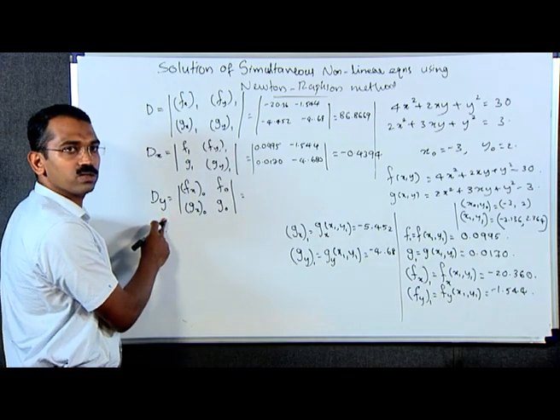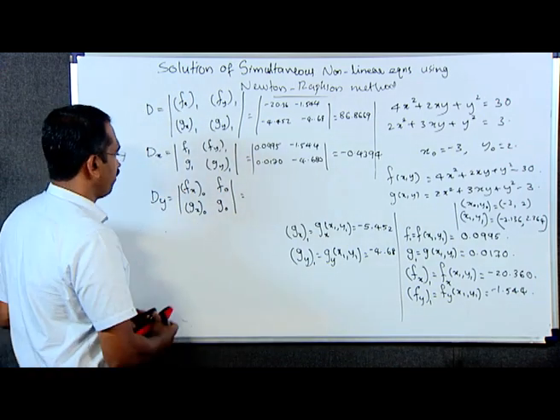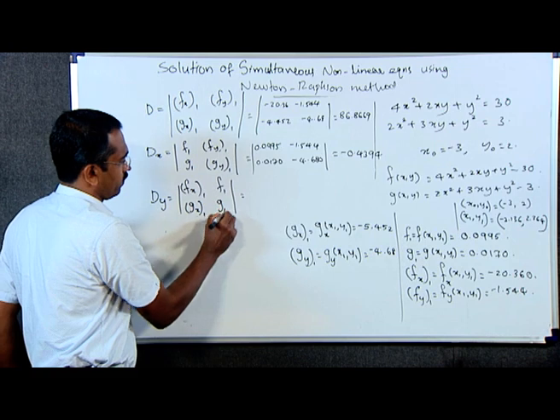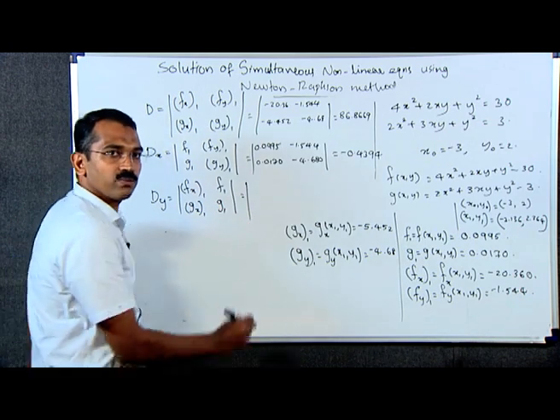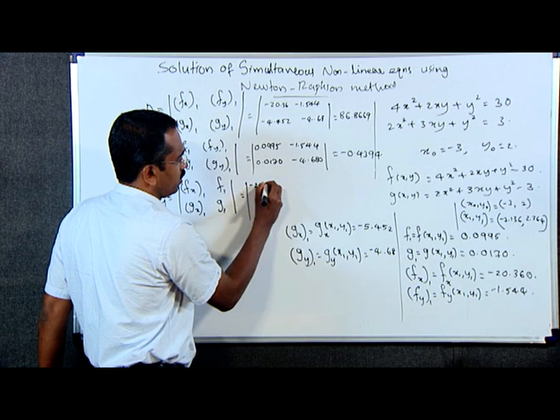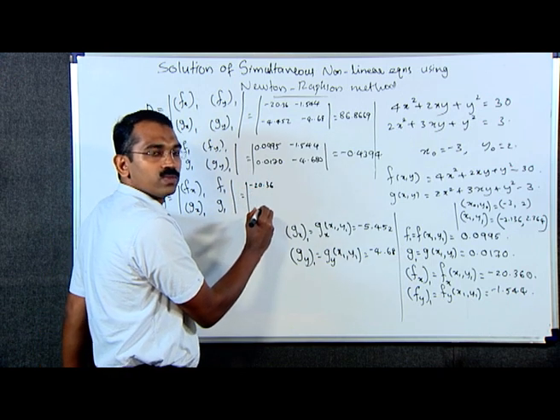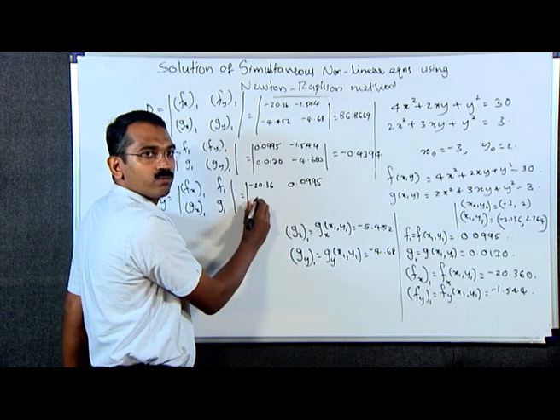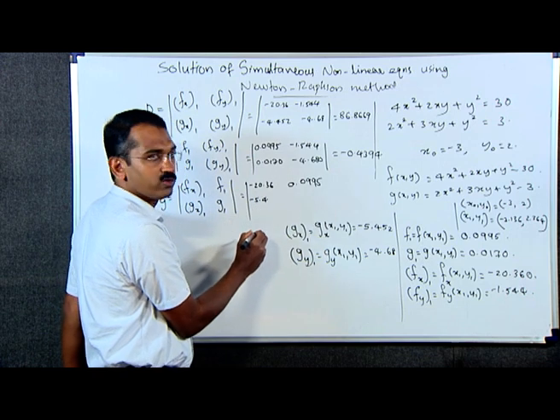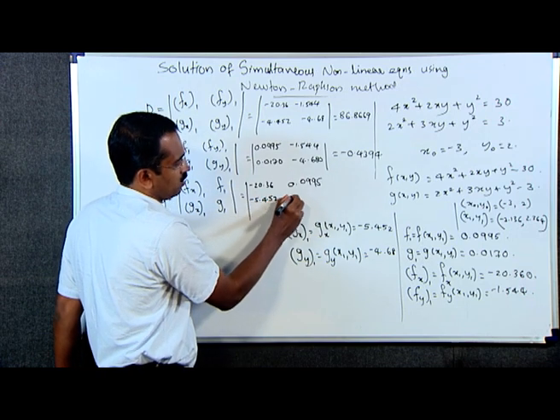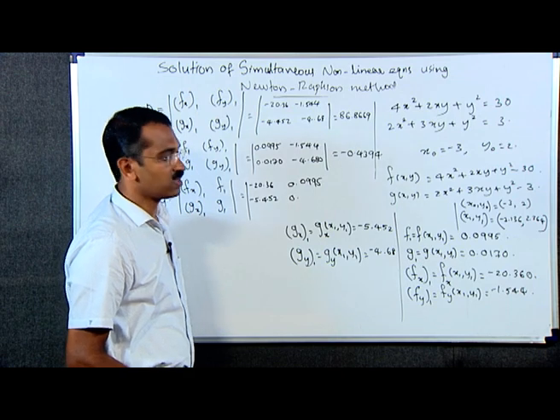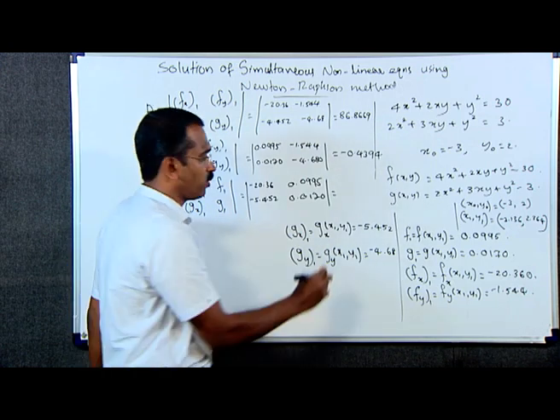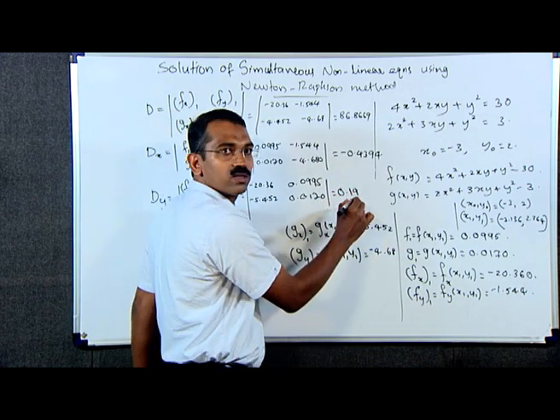And the determinant dy is fx1, f1, gx1 and g1. The values are minus 20.360, 0.0995, minus 5.452 and 0.0170. The value of this determinant is 0.1964.